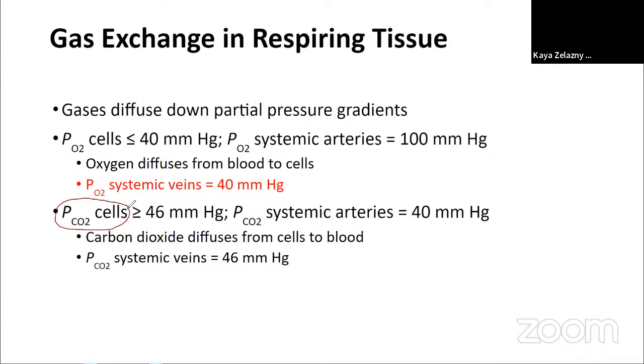That's how we're making the ATP. So we're breathing off this CO2. So we create a high partial pressure of CO2 in that respiring tissue, so greater than or equal to 46. So this is our high end of the gradient.